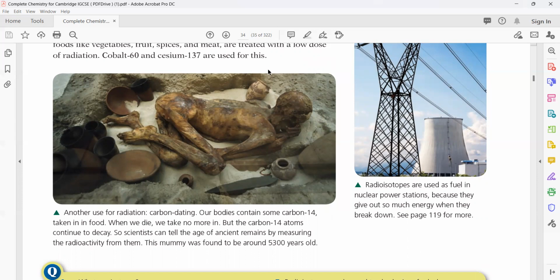So scientists can tell the age of ancient remains by measuring the radioactivity from them. This mummy was found to be around 5,300 years old. Do you understand, my dear? Okay.